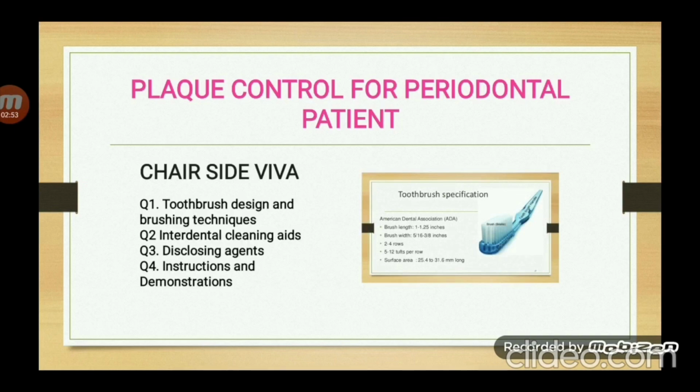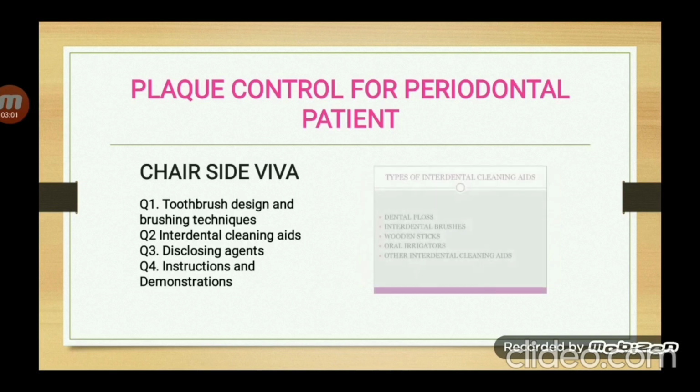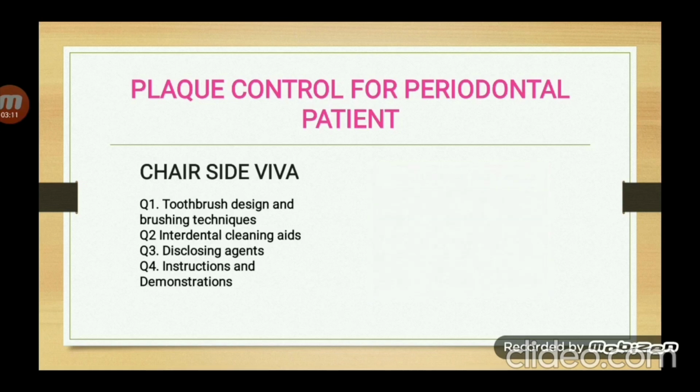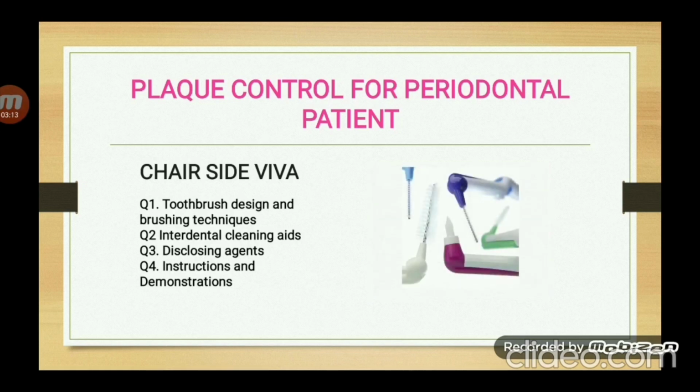Toothbrush specification as given by ADA: the length, width, number of tufts, surface area, you should know that. Then types of interdental cleaning aids: dental floss, interdental brushes, wooden sticks, oral irrigators, and others. You should know about each one of them.